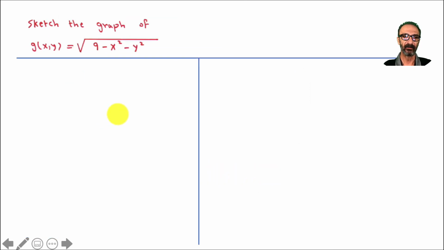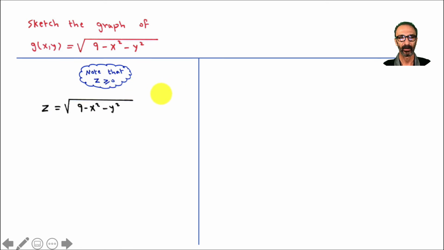Sketch the graph of this function. So you're going back and forth, guys. It's the same math, but from different angles. How do you graph this? Well, notice that we talked about that z has to be greater than or equal to 0. That's my z. Square both sides. I just need to know what's happening with the graph so I could see what type of graph it is.